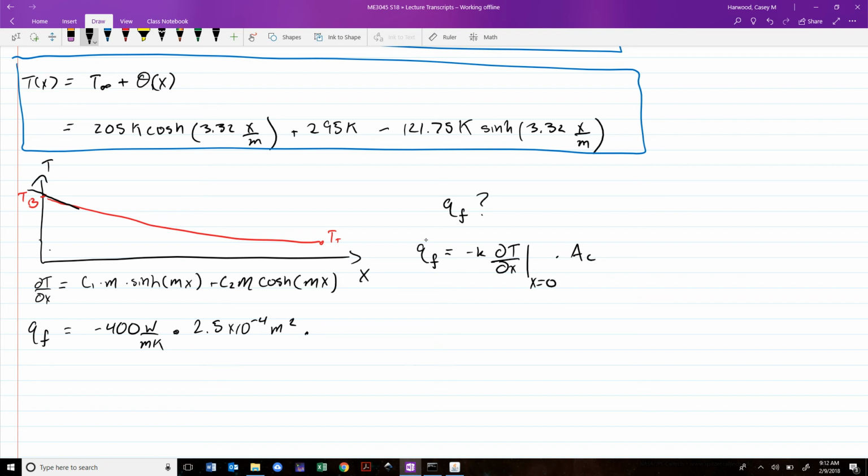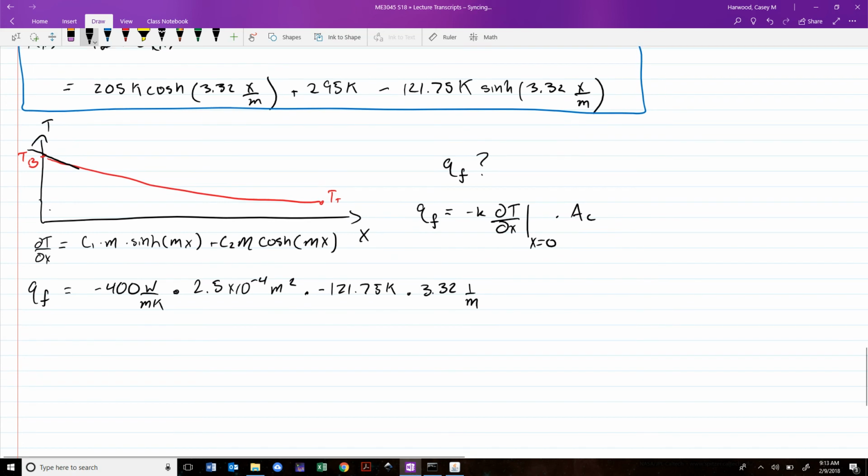So C2 in this case is our negative 121.75 Kelvin, and m is 3.32 per meter.